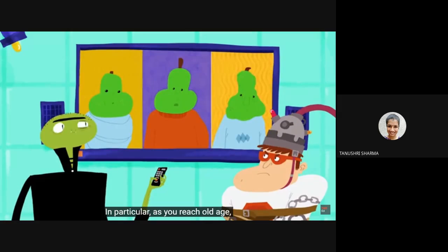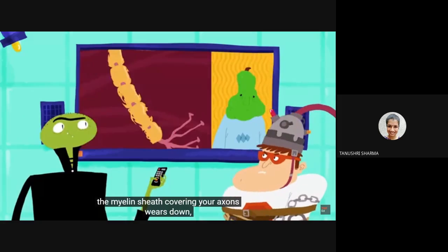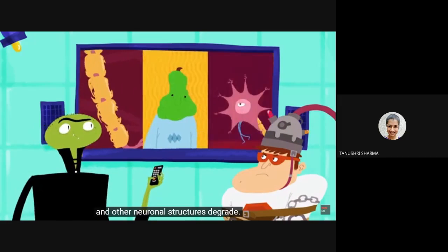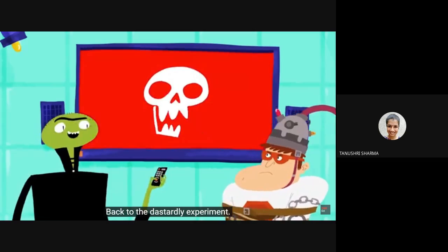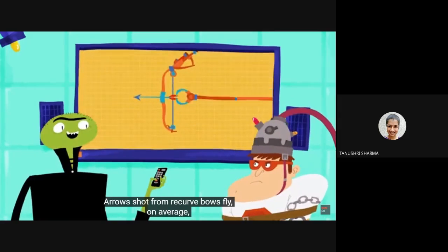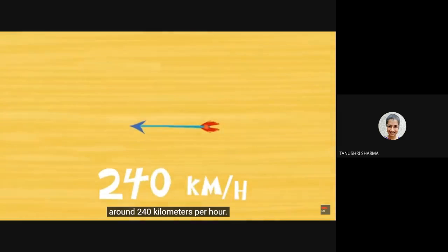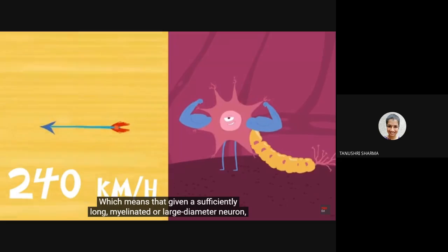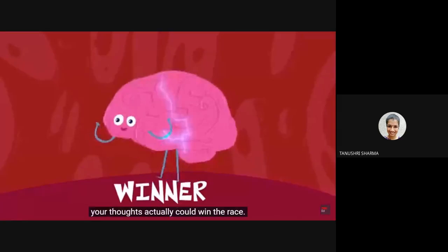In particular, as you reach old age, the myelin sheath covering your axons wears down, and other neuronal structures degrade. Back to the dastardly experiment. Arrows shot from recurve bows fly, on average, around 240 kilometers per hour, which means that given a sufficiently long, myelinated or large diameter neuron, your thoughts could actually win the race.